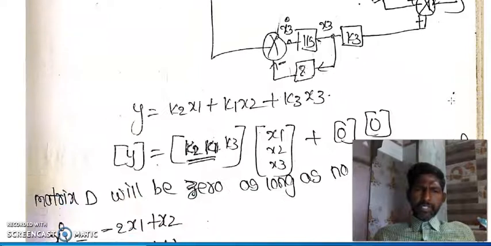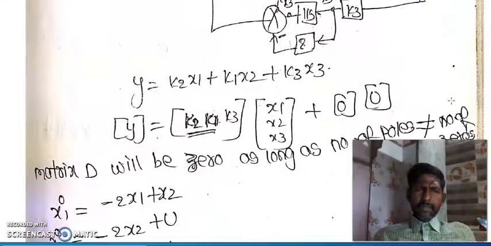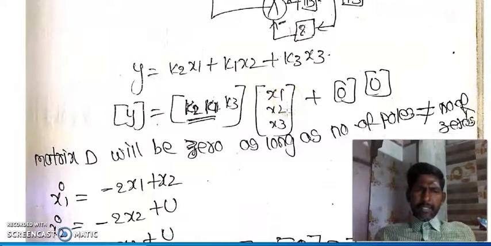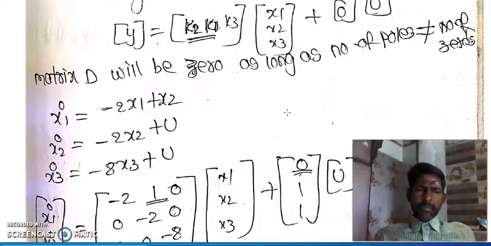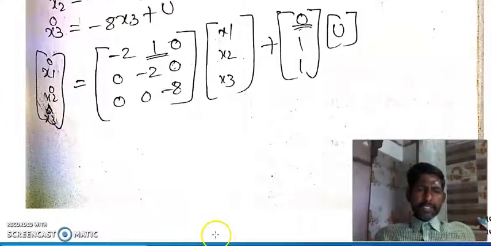So the output equation will be like this: k2 x1 plus k1 x2 plus k3 x3. In the form of matrices, we can represent it as like this. The matrix D will be 0 as long as number of poles is not equal to number of zeros. So the state equations will be like this. From this we can find the state equations.